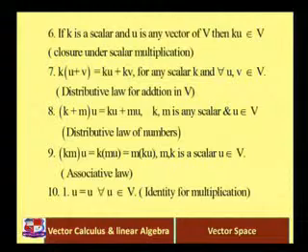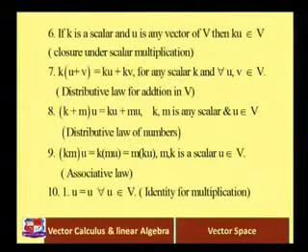The 7th condition is k into (u plus v) is equal to k into u plus k into v, for any scalar k and for all u, v belonging to V. That is called the distributive law for addition in vector space V.